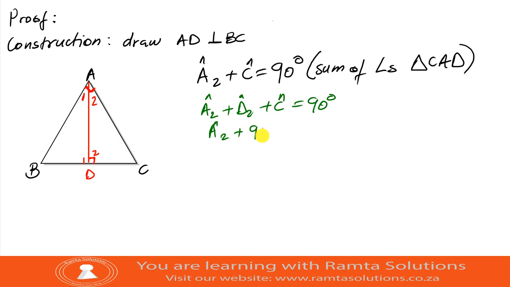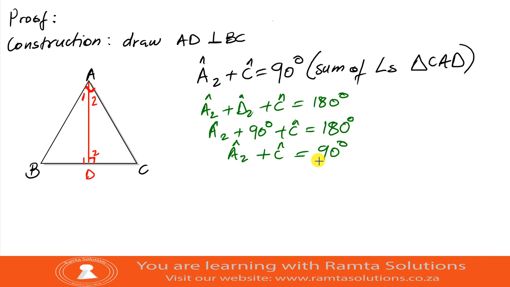We know angle D2 is 90 degrees. Sorry, not 90 but 180. Therefore we can say angle A2 plus angle C is equal to 90 degrees. Do you guys see it? Okay, perfect. Now this is not that important, but I won't erase it, so let me just continue with it.